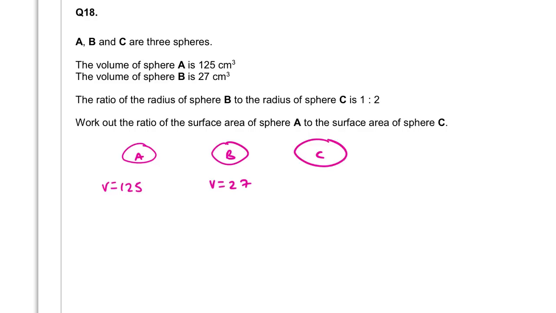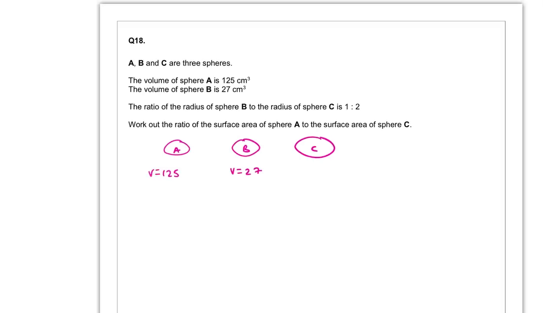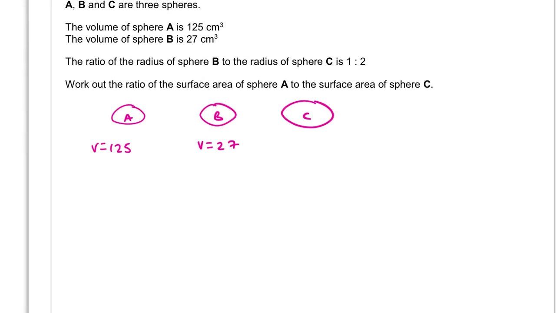What do I know about spheres? They're all similar shapes, right? Sphere's a sphere. Okay, so I know that, and normally I always go from small to big with this formula. When I'm dealing with similar shapes, I know the volume of the small one, so 27 times the scale factor cubed is going to give me the volume of the big one, isn't it?